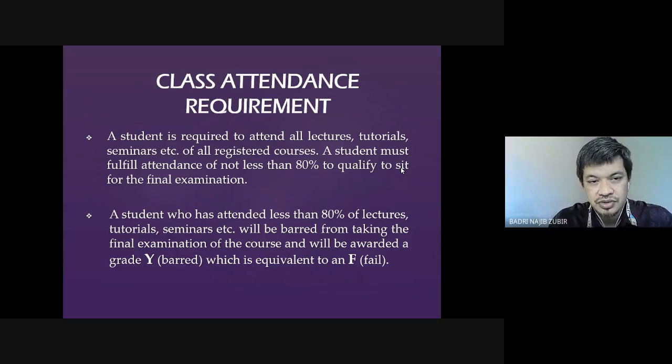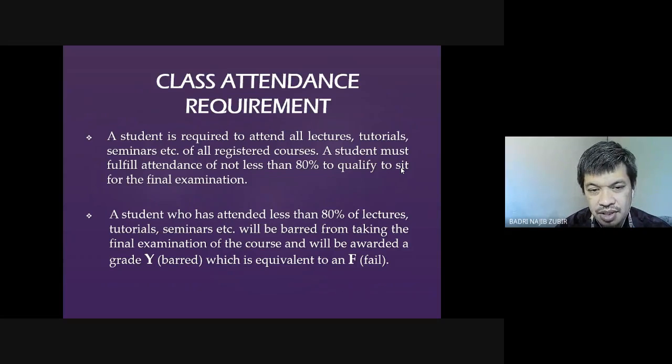Okay, I move on to class attendance. Now, when you attend physical face-to-face classes, the attendance is taken, and if you do not meet 80% attendance, you can be prevented from taking the final exam.